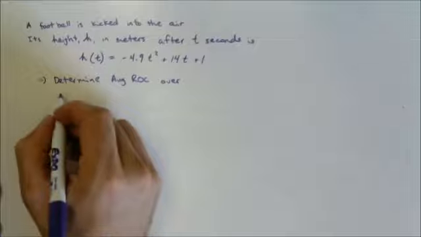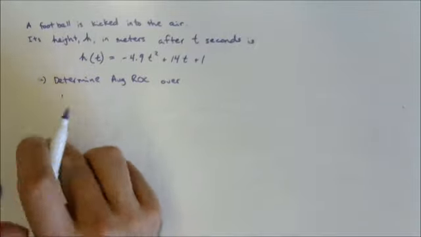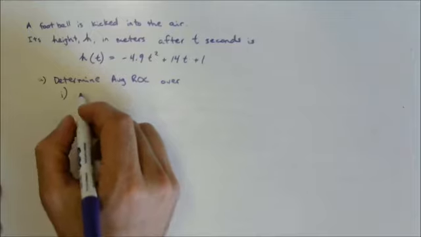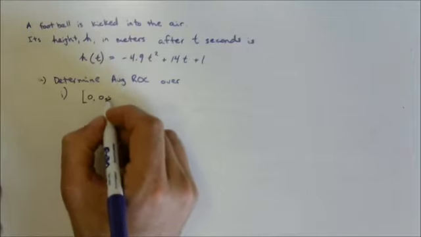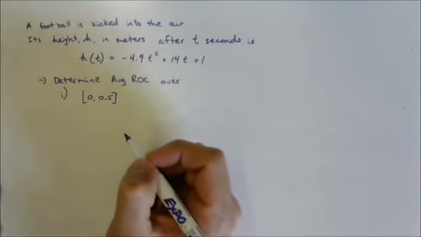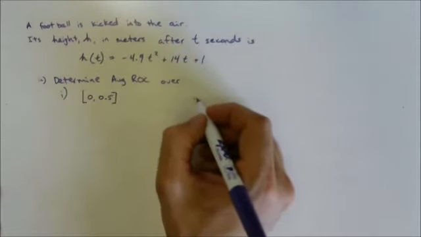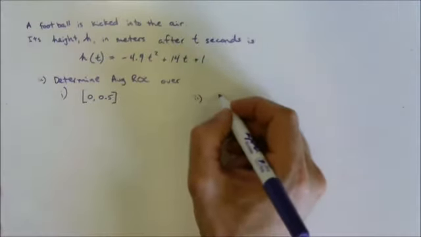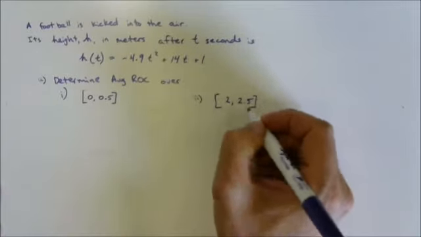over, first we're going to do through the interval from 0 to 0.5 inclusive, and then we're going to do from 2 to 2.5 inclusive.